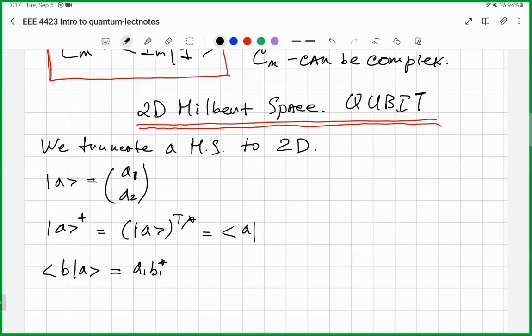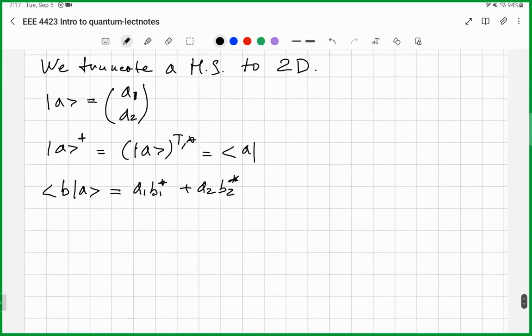We consider Hilbert space, so these components can be complex, plus A2 times B2 complex conjugated.